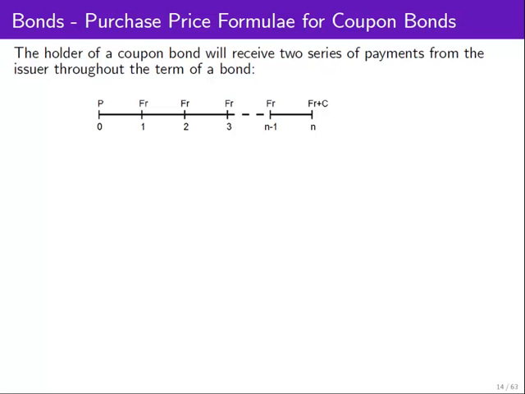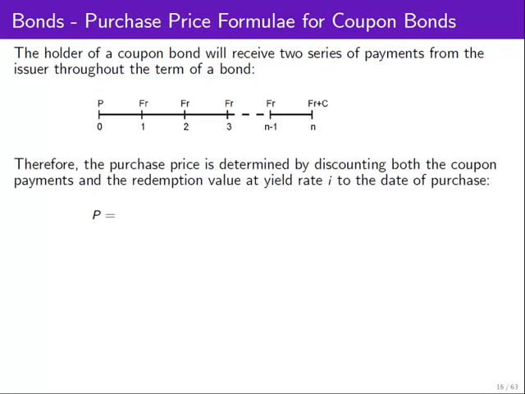So to calculate the purchase price yielding rate I, what you want to do is discount your coupon payments of FR dollars back to time 0, the time at which you purchased the bond, and that's just the discounted value of an annuity. Then you also want to discount the redemption value of the bond N periods using compound interest. And this is called the purchase price formula for your bond.